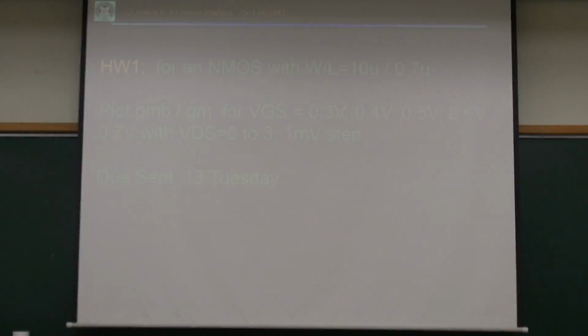Yeah, this is your homework. Repeat this for GMB over GM. This GMB you can calculate by applying one VB and one VB plus a small step, so you get ID1 and ID2.